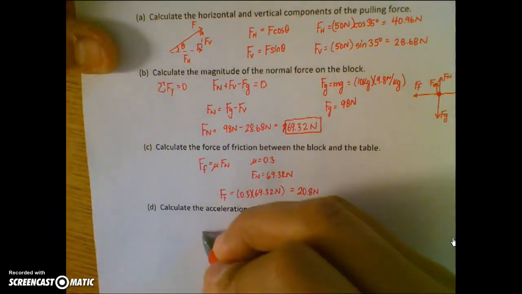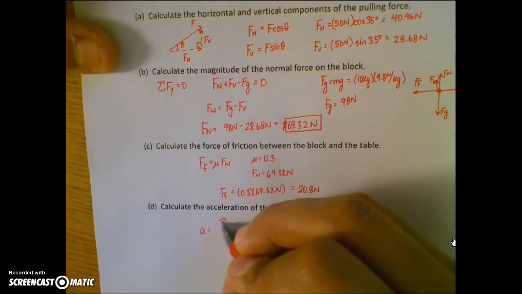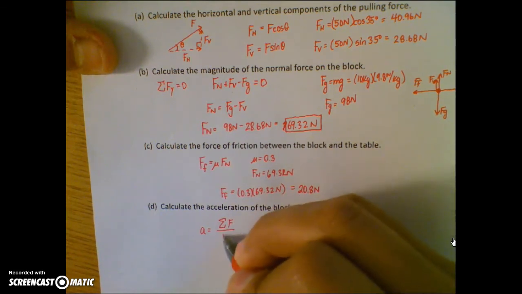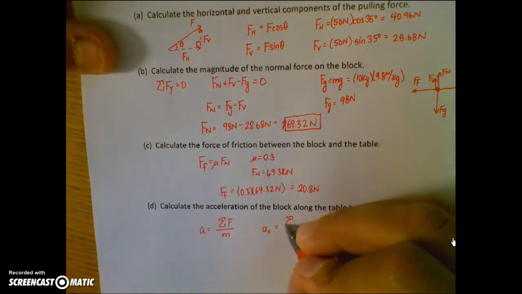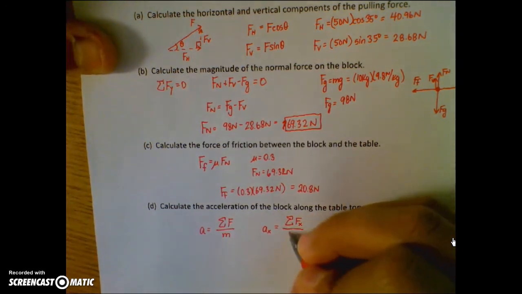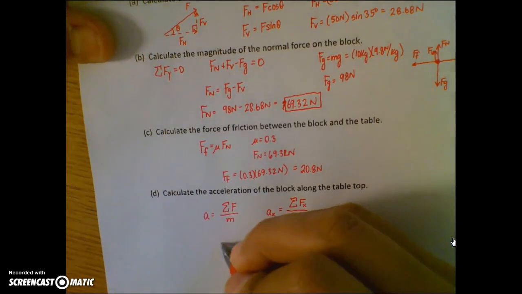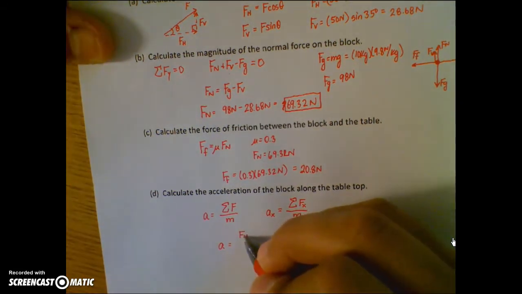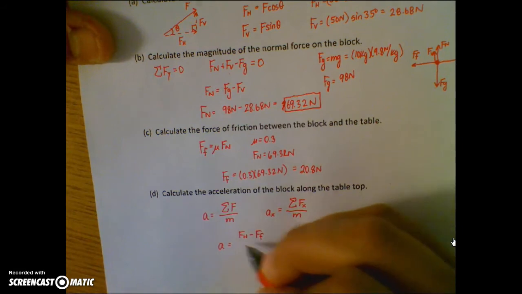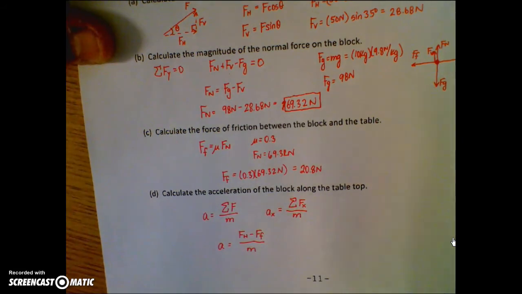Then again, if we wish to calculate an acceleration, we would take a net force divided by a mass. We're only accelerating in the x direction, so a net force in the x direction divided by the mass. So my acceleration then is my net force in the x direction, which is Fh minus Ff, divided by a mass.